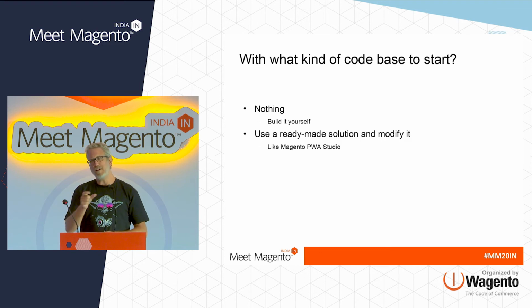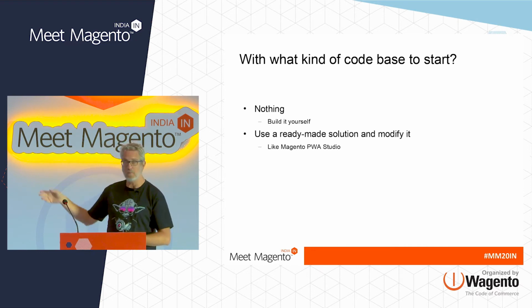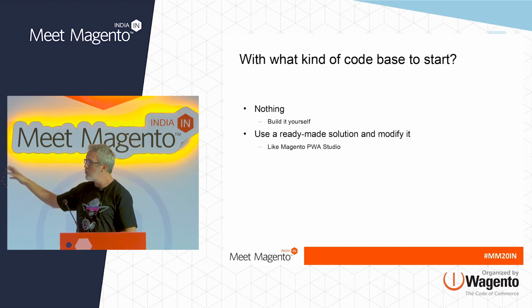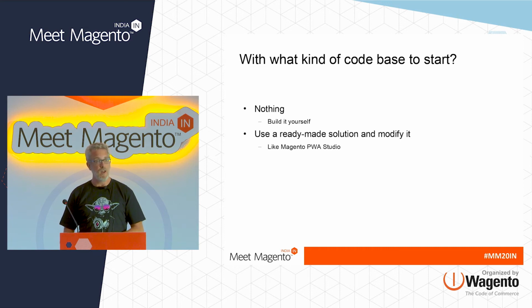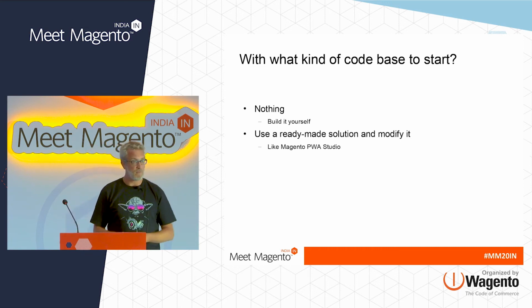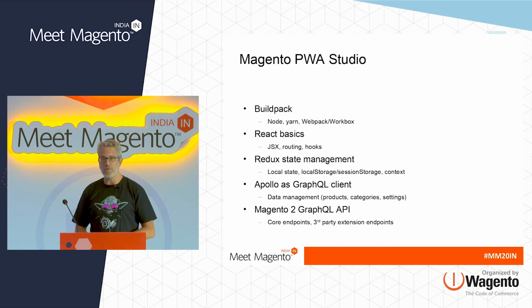However, with all of the features that Magento ships it could be taking a little bit of time to duplicate all of that. So the more obvious solution would be to choose some kind of ready-made solution and just start off with that. For instance, PWA Studio.